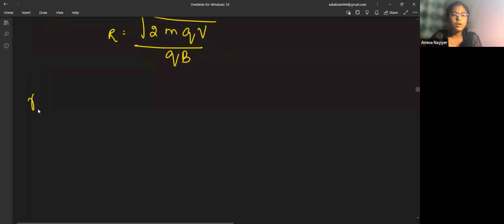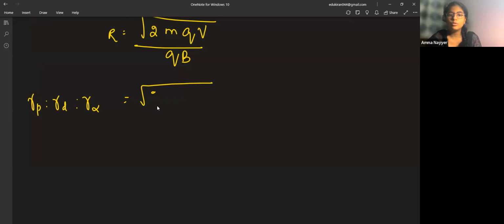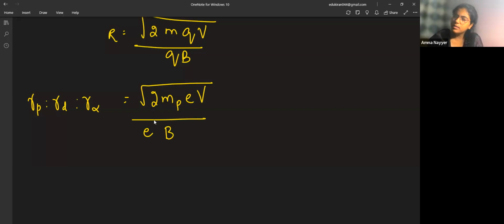So radius of proton is to radius of deuteron is to radius of alpha particle. See, root 2 mass of proton, charge of proton, potential by charge of proton into magnetic field. Only mass is different. Potential is also same. Charge we know, mass I have written, 2 is a constant, magnetic field is same because all the charges are put in the same magnetic field.